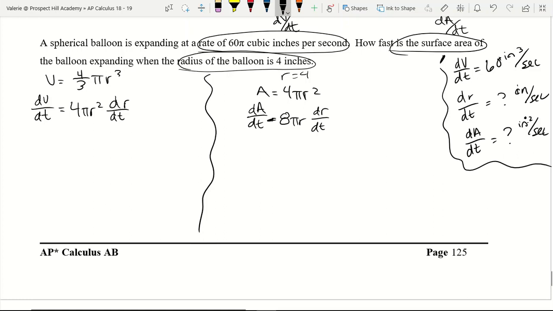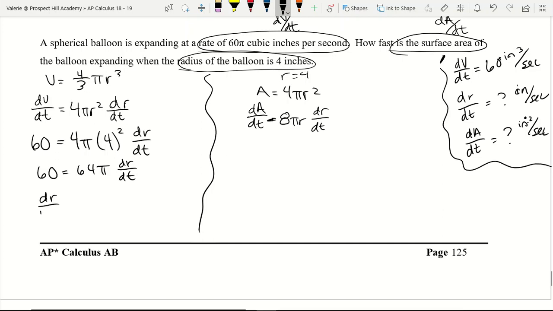So since we're looking for the rate of the surface area, we're going to save the area function for last. We're going to work with the volume function first. We know dV dt, that's 60 pi, equals 4 pi, and the instant that we're looking for is 4 for the radius. So 4 squared dr dt. So solving for this, we have 60 pi equals 64 pi dr dt.